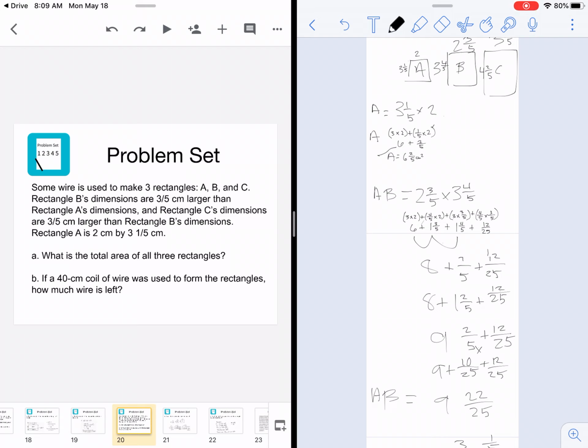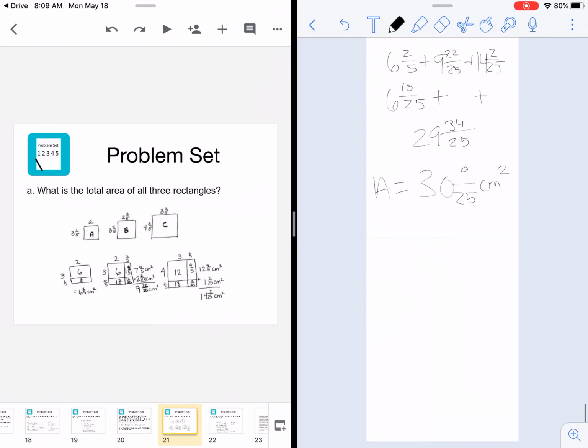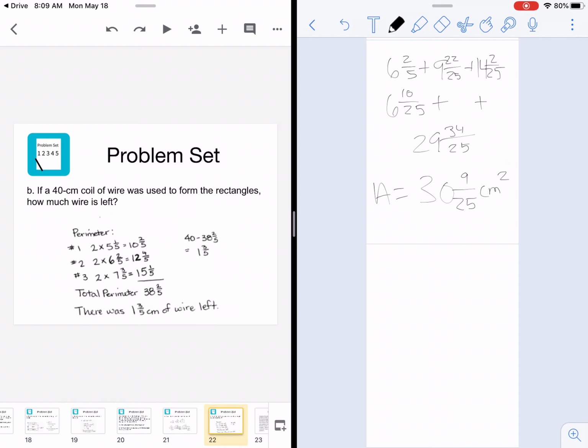Okay, we have 3 and 1/5, and we have 2. So now I'm going to show you what they did for C, and we'll talk about it here. So they just did numbers here. They did 1, 2, and 3.